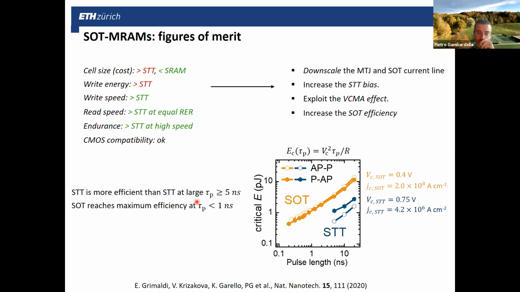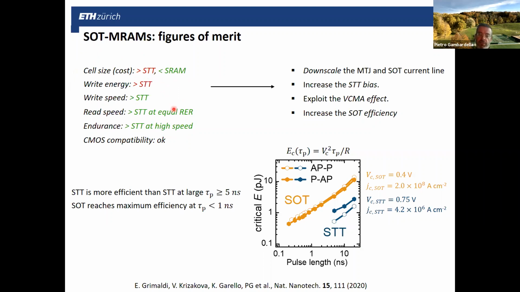So here, as you see in this table, if you talk about size, then spin transfer torque has a smaller cell size than spin orbit torque tunnel junction because it's a two-terminal system rather than a three-terminal system.